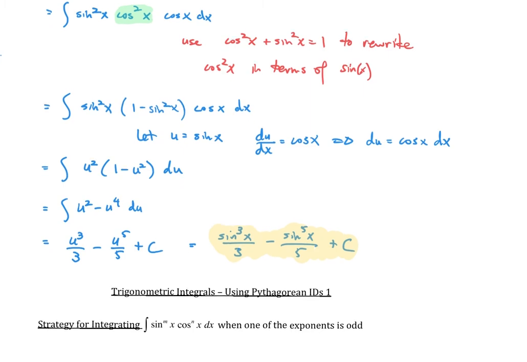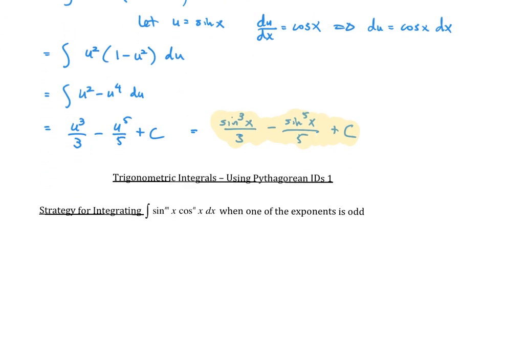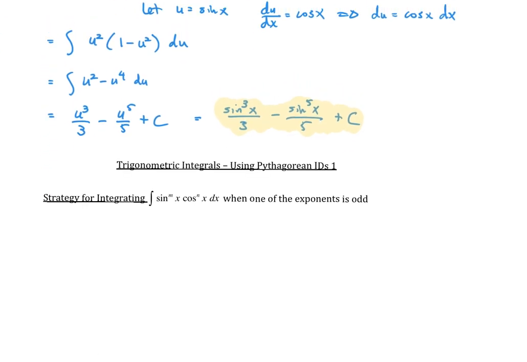All right, so let's outline our strategy. The first thing I want to highlight is that we need one of our exponents to be odd. Okay. Then here's what our strategy is going to be. The first thing we're going to do is peel off a sine or cosine from the odd power.